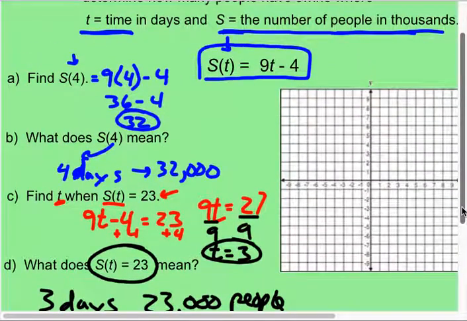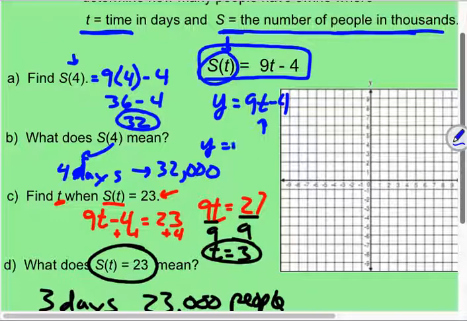Okay. The way I'd look at this is basically S of t is kind of like your y equals 9t minus 4. T is kind of like your x. So if I'm graphing this, it's in slope-intercept form, y equals mx plus b form. But I'm going to put a little t there because this is now the t-axis.